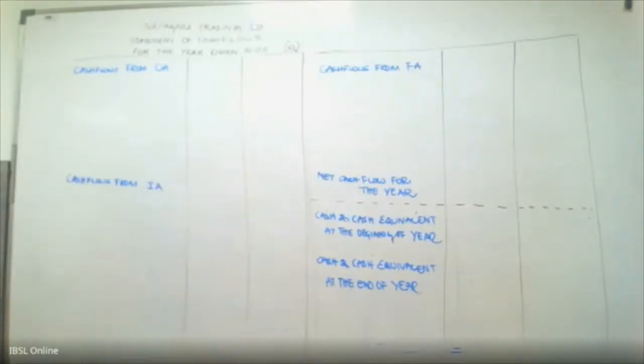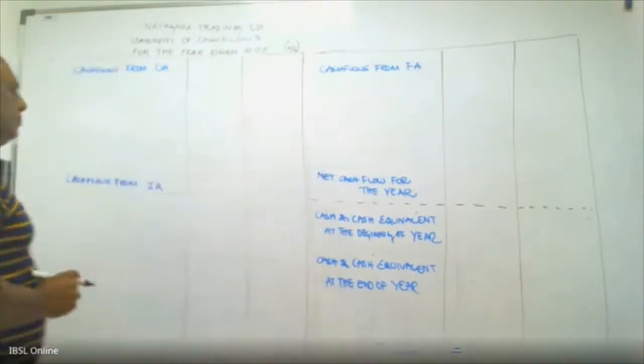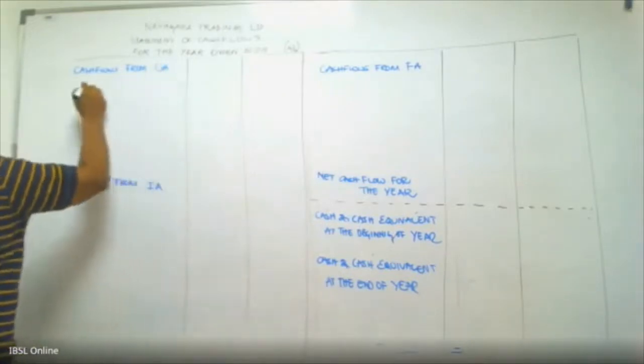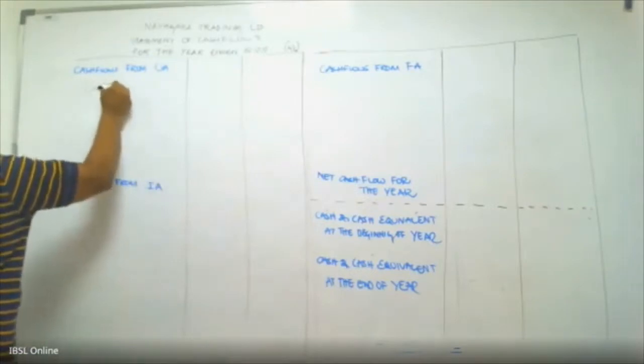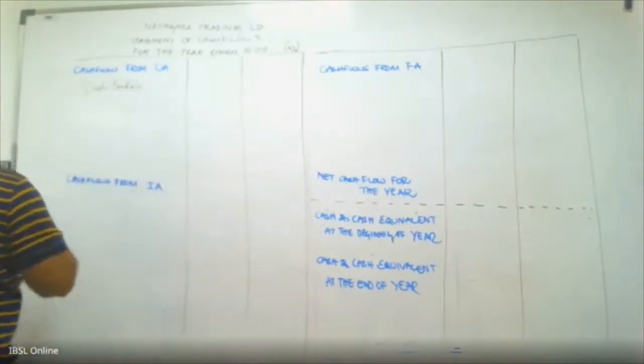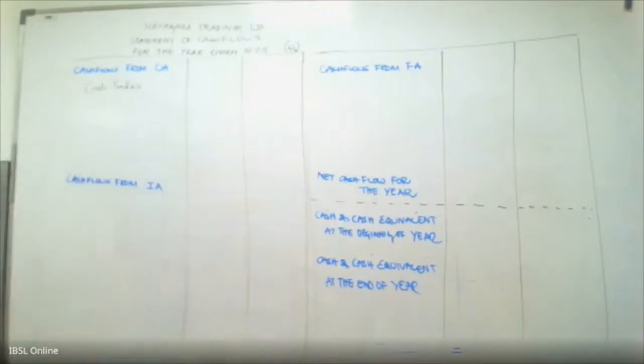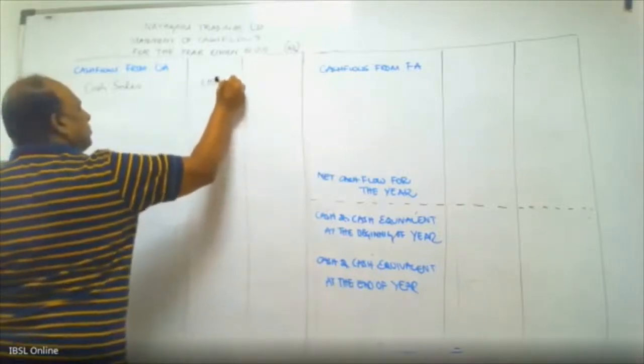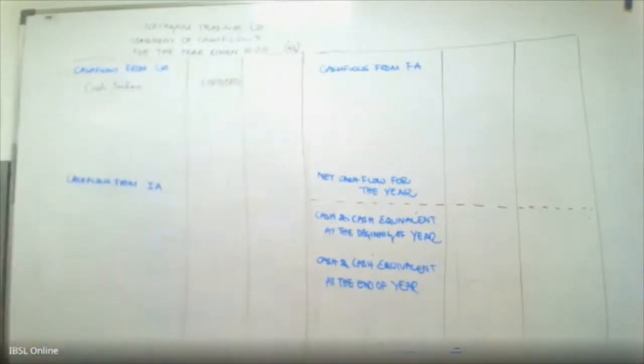Where does it go? Here or here or here? Cash sales. So you have done some cash sales and you have received money. So that is your operating activity. Cash sales, that is 1 million.